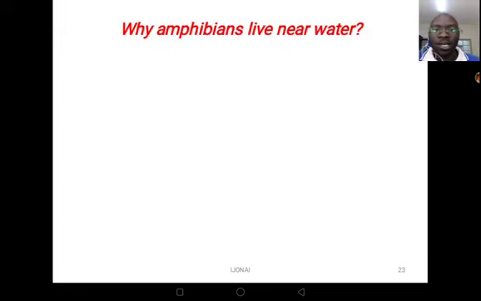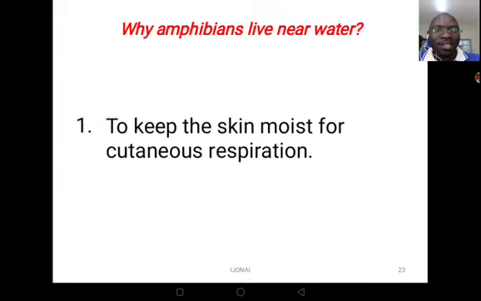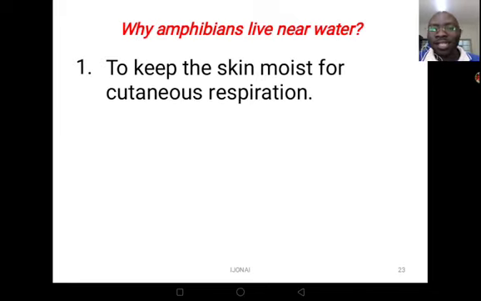So we want to ask finally the question, why do amphibians live in water? In most cases, we have said they live near the water, they are damp places, wet places, and so on. What is the magic? Yes, so there are three major reasons. The first one is to keep the skin moist for cutaneous respiration or cutaneous gaseous exchange.